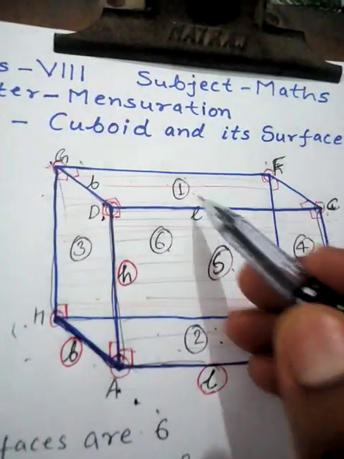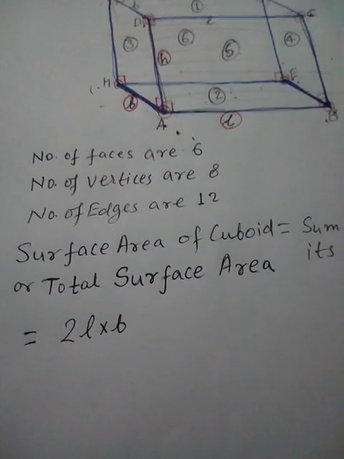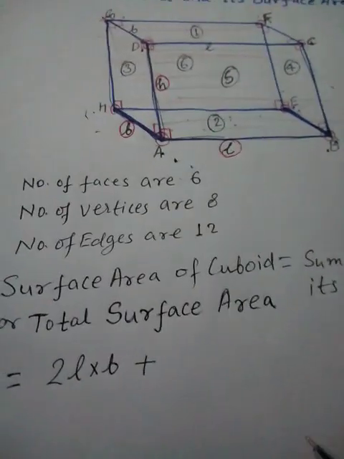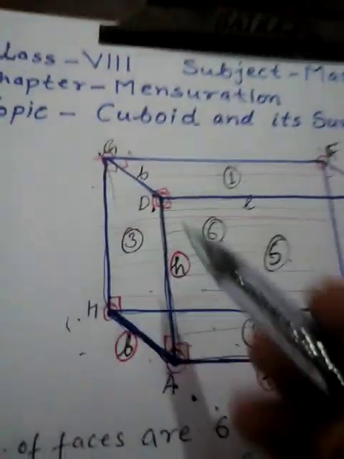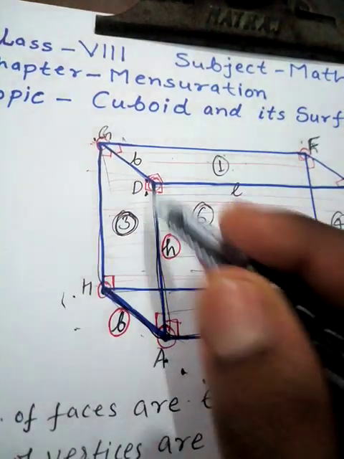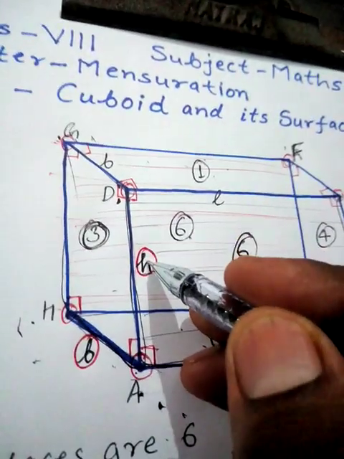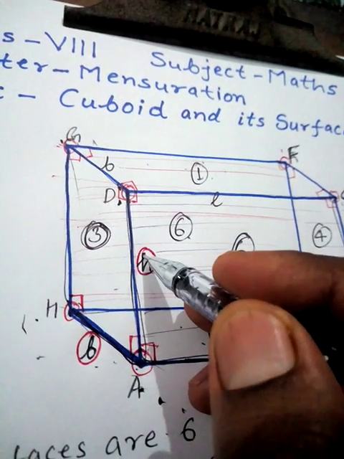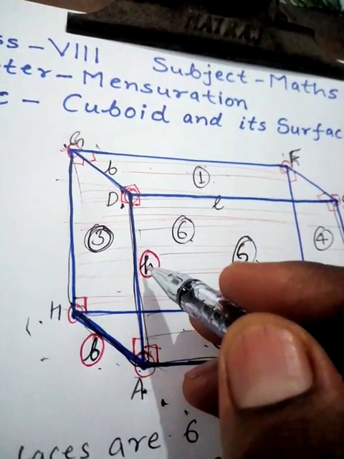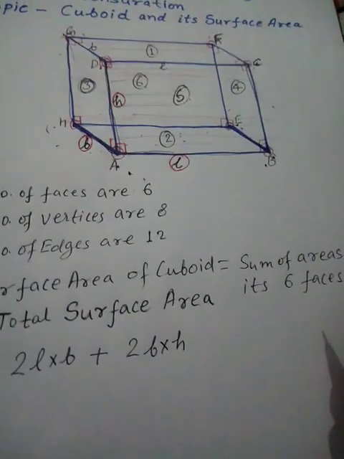You can see 1 and 2 are both the same, so we can write 2 into L into B. Now plus the third face, and to find the area of this third face ADGH, you can multiply B into H. Here the two dimensions are B and H. So we multiply B into H. And you can see 3 and 4 are both the same, so we can write 2 into B into H.